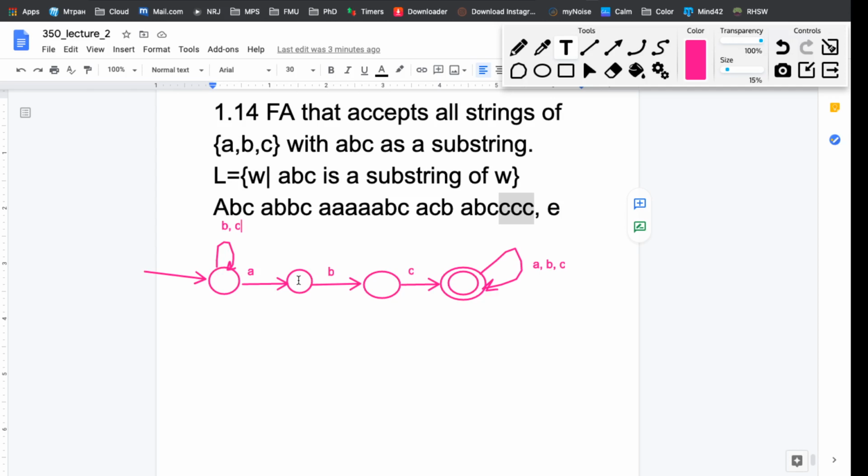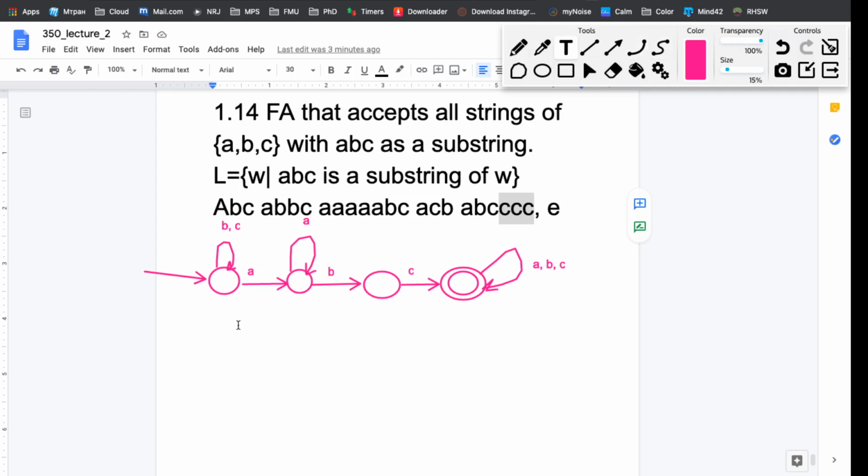On A, what do we do? That's actually a typical mistake. A lot of times students transition back onto the previous state on A, because we have a pattern, and if we have A and then another A, we kind of start the pattern again, which is not really true. What we need to do here on A is loop.